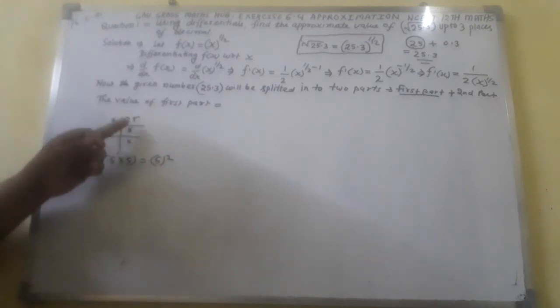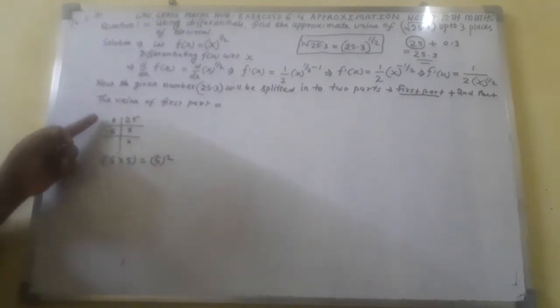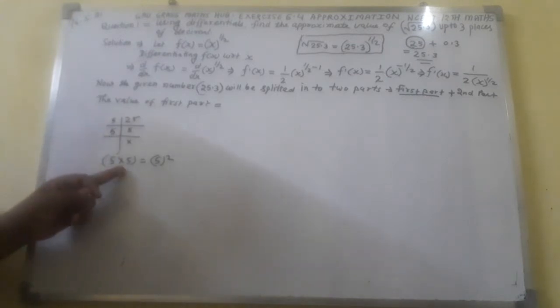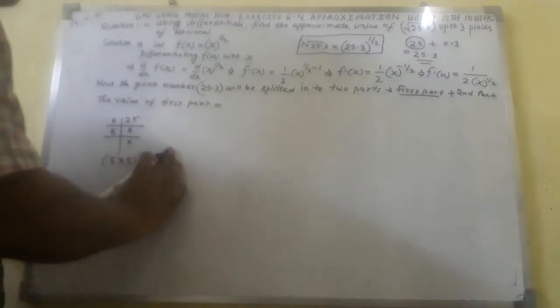Prime factors of 25 will be 5 into 5. 5 into 5 comes out to be 25, 5 whole square. So here you have got a whole square.